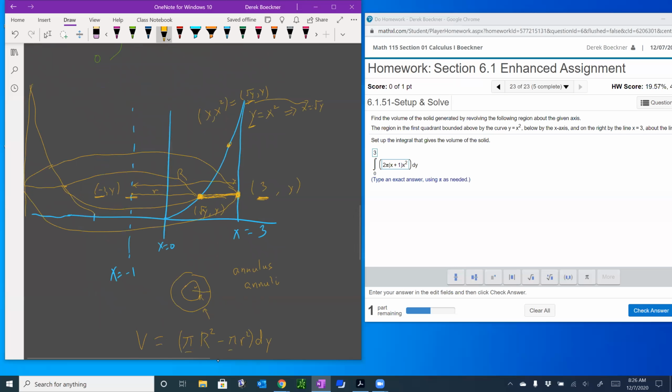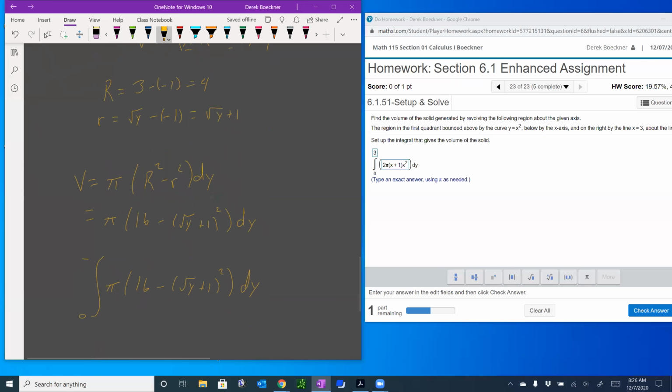So I'm going to come back to my picture. I start getting horizontal strips at 0. And I stop getting them at this point here. And that point is at 3, 9. So I'm going to stop getting horizontal strips at 9. So this will go from 0 to 9.